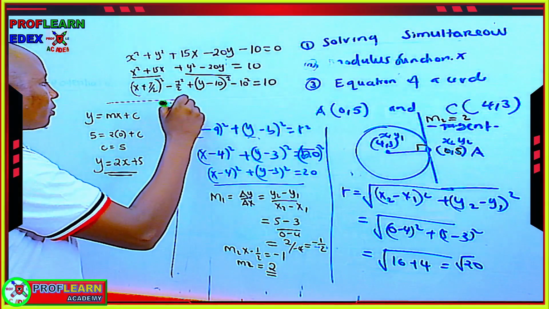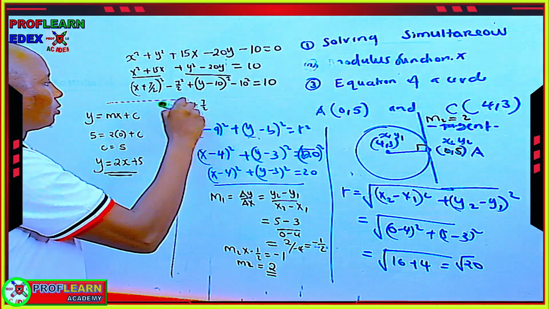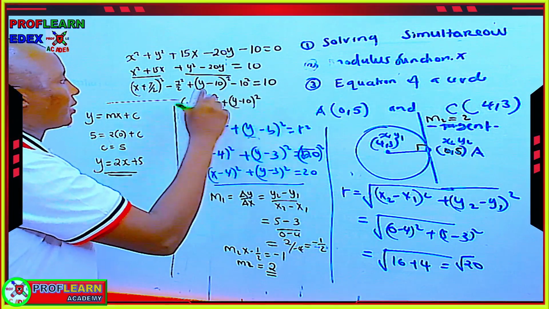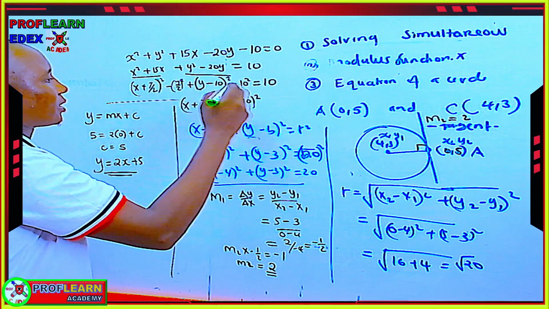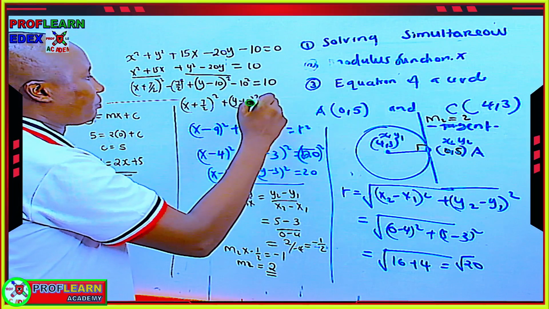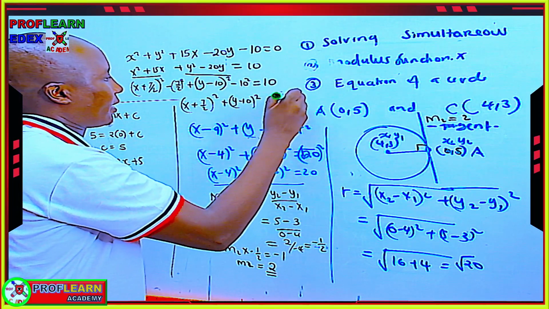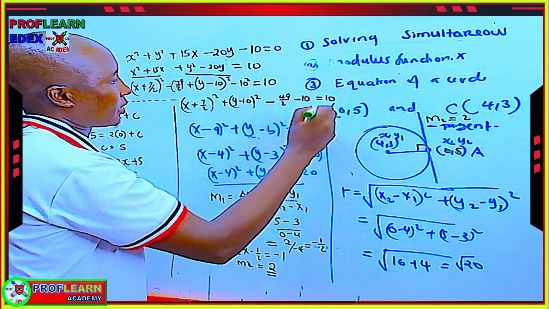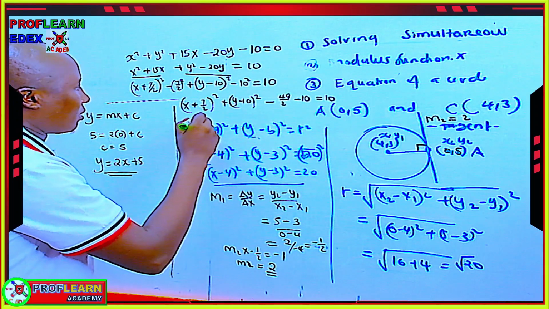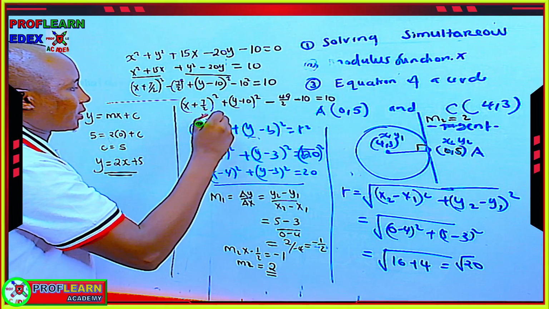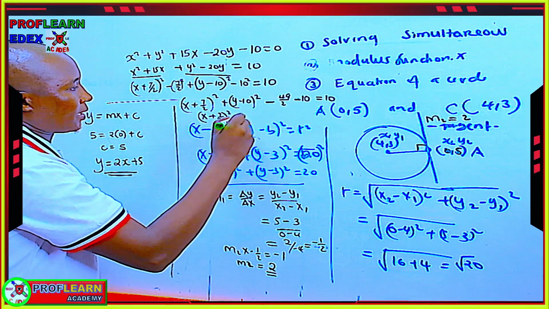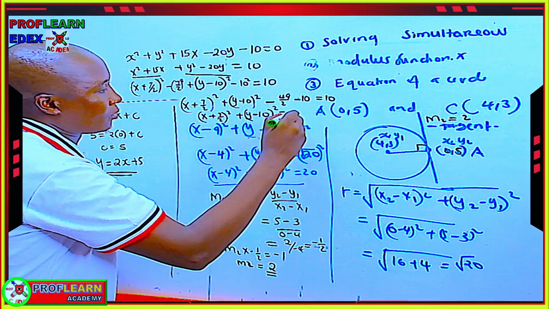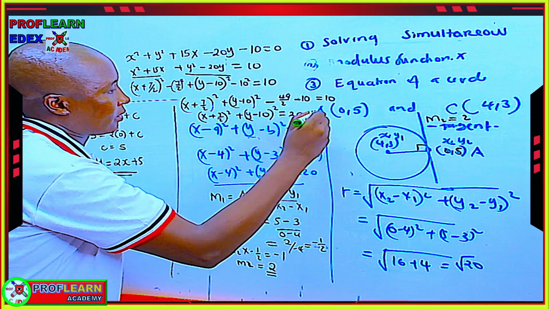As you continue, it will be x plus 15 over 2 squared plus y minus 10 squared, minus 225 over 4 minus 100 equals 10. If we simplify further, it becomes x plus 15 over 2 squared plus y minus 10 squared equals 10 plus 100 plus 225 over 4.